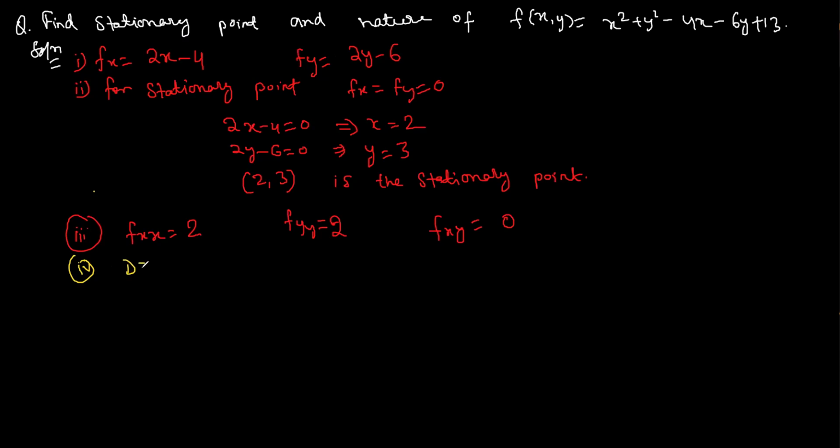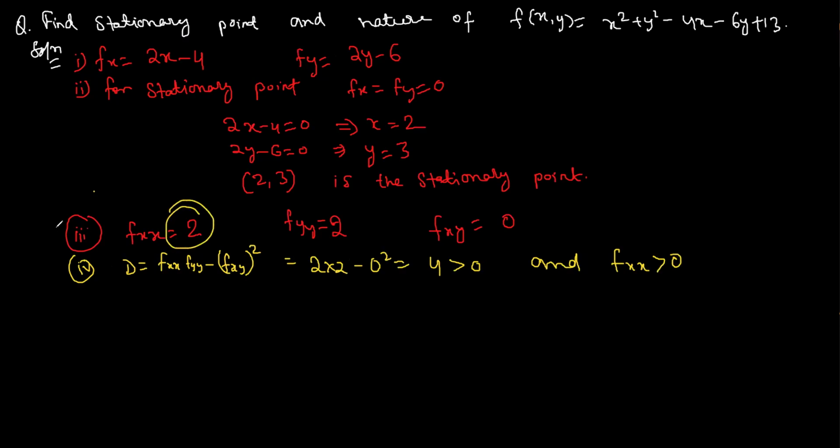Fourth step is find D. D is 2 into 2 minus 0 whole square. That is 4. 4 is greater than 0 and f xx is greater than 0. This is 2, right?